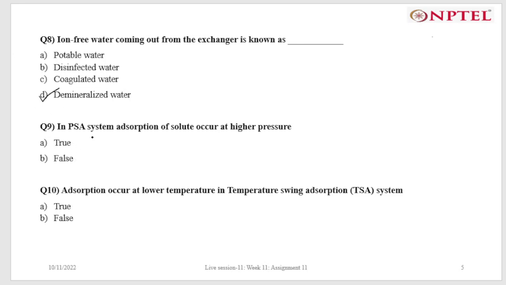Question 9. In PSA systems, pressure swing adsorption, the regeneration method of the adsorbent. In these systems, adsorption of the solute occurs at the higher pressure.